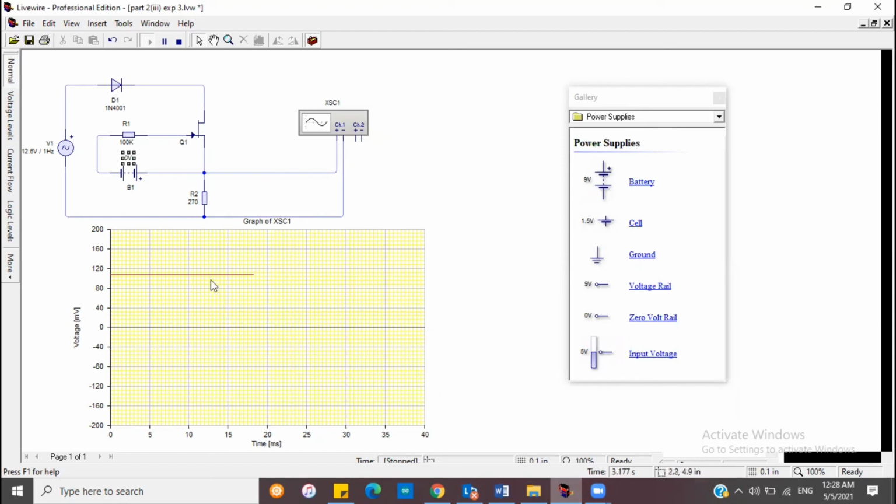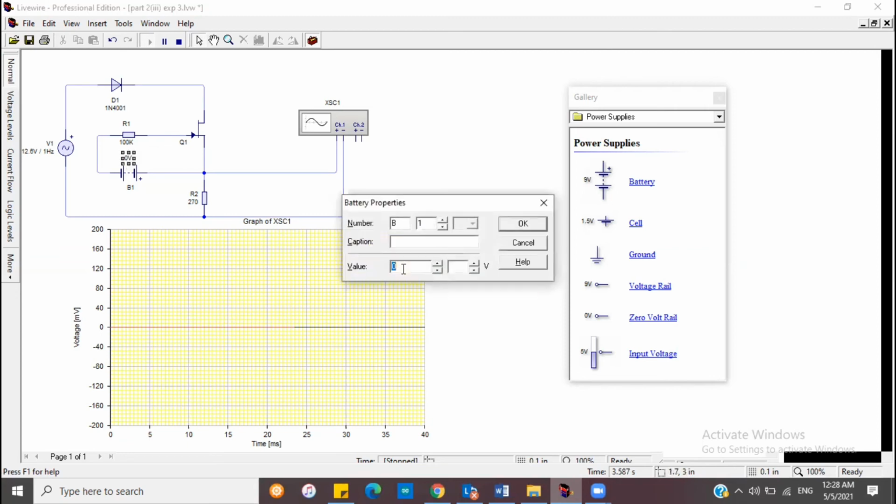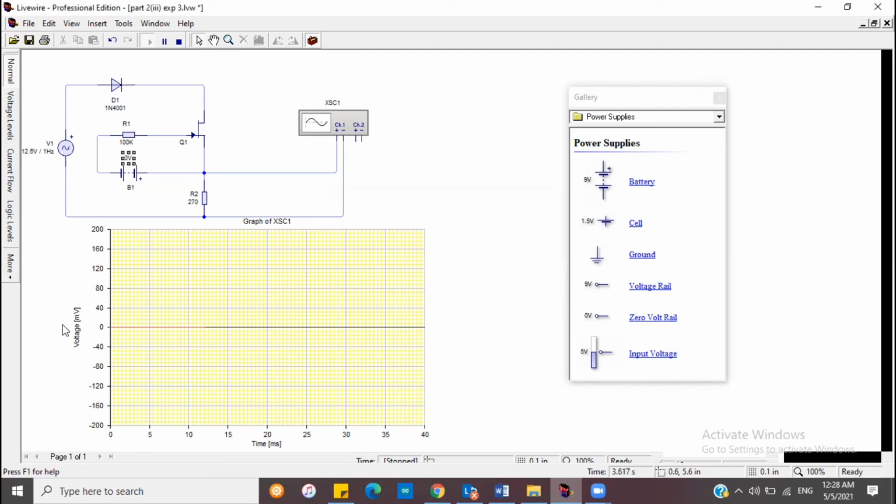We're just going to wait for a moment. As you can see, the trace becomes 0 here. If I change it to 3 volt, it will also become a horizontal line.